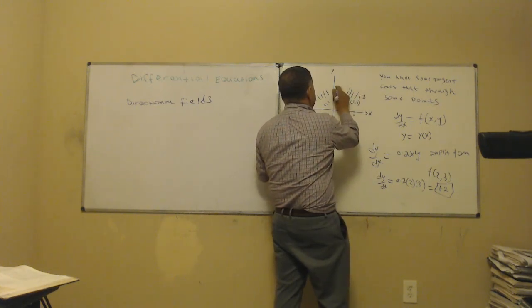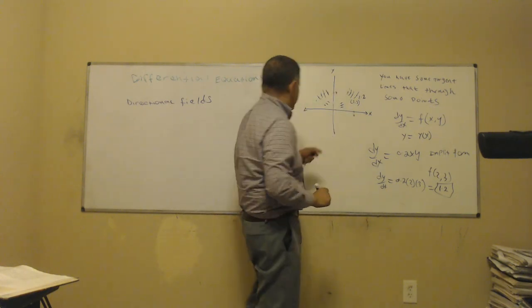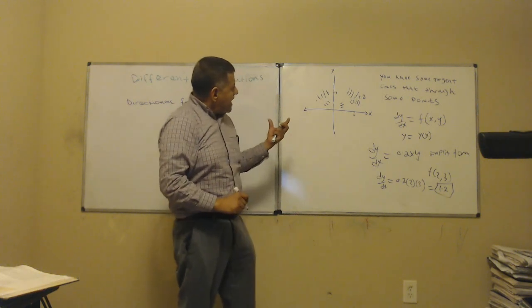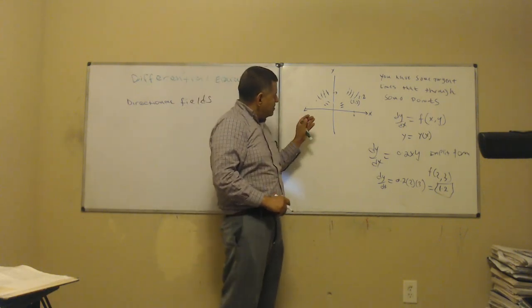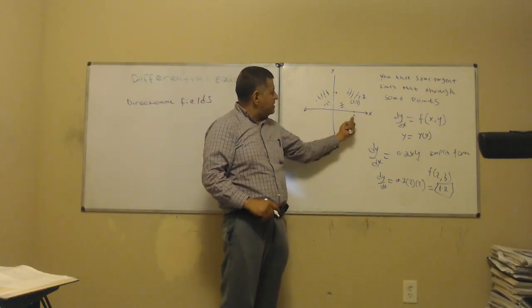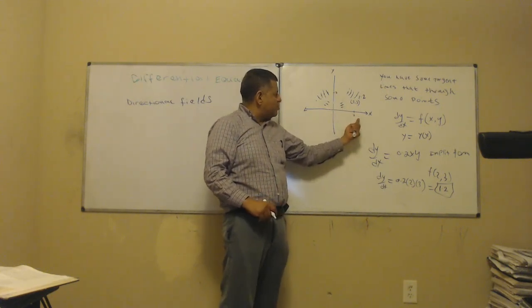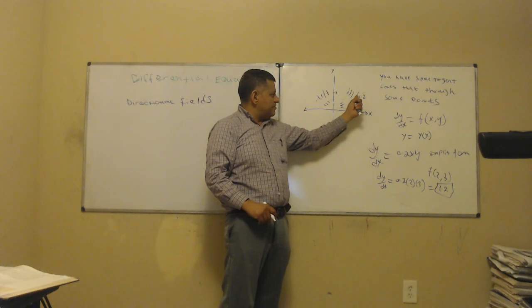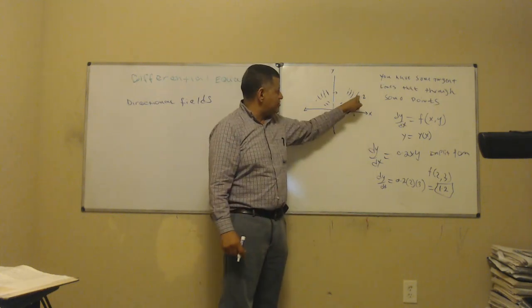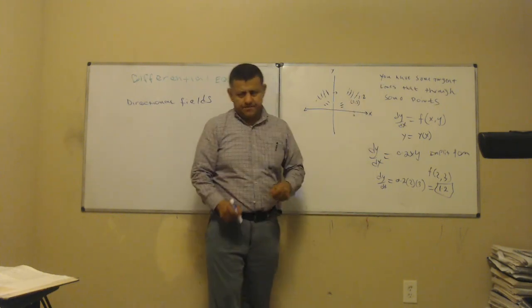Of course, I'm not going to be accurate because it's very hard to do this, but you get the idea that at y equals 3 and x equals 2, this is the first value right there.